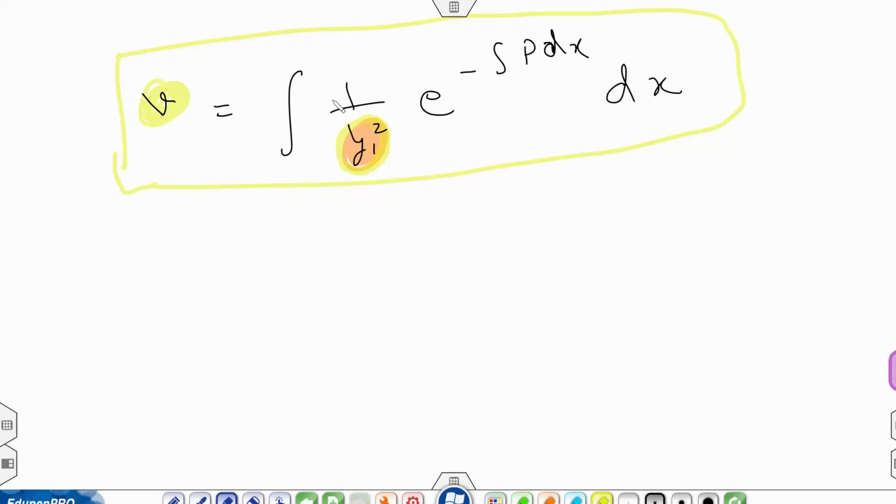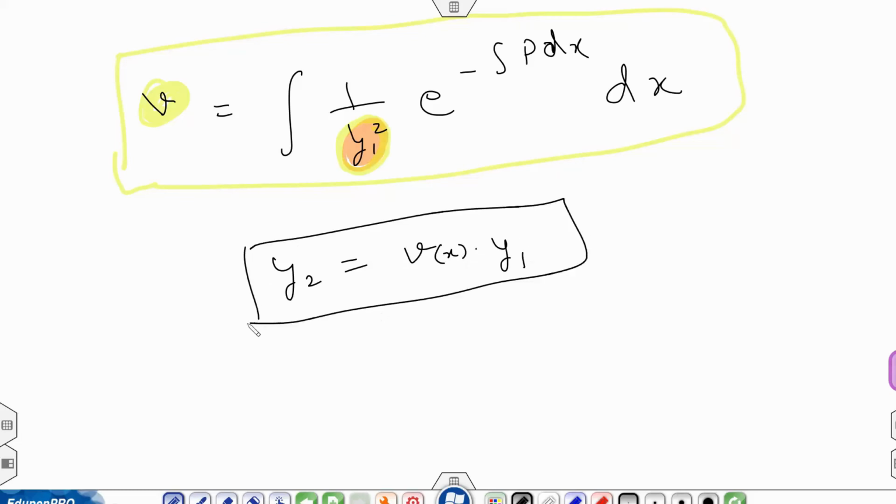What you have to do is just find the value of this, and what is our y2, we will get the second solution. What is the second solution? This will be y2 is equal to v x into y1. So this is now known. So this is how you will find out y2 when you somehow know one solution, how you can find the other solution.